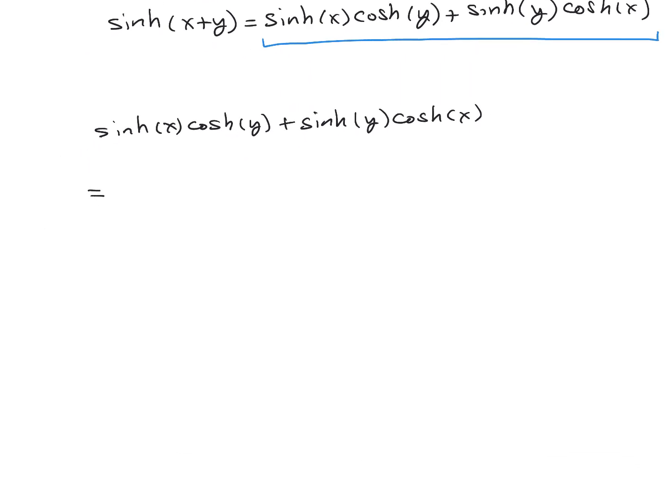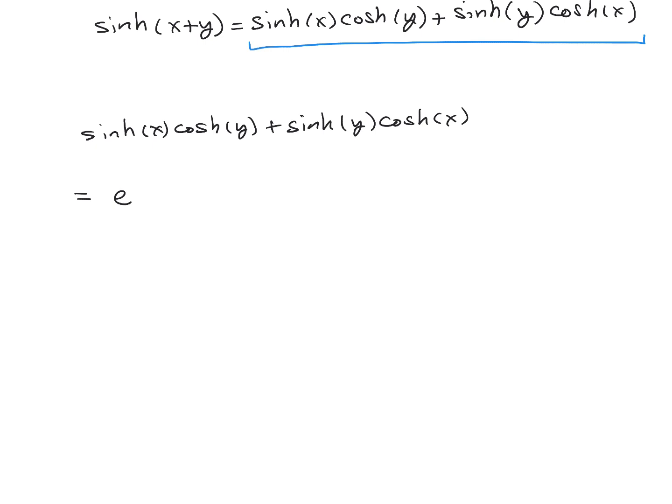And so the sinh, remember, is going to be e to the x minus e to the negative x over 2. We'll do the cosh in blue, so that's going to be e to the x. And actually, we're going to be using the variable y here. So that's e to the y plus e to the negative y over 2.